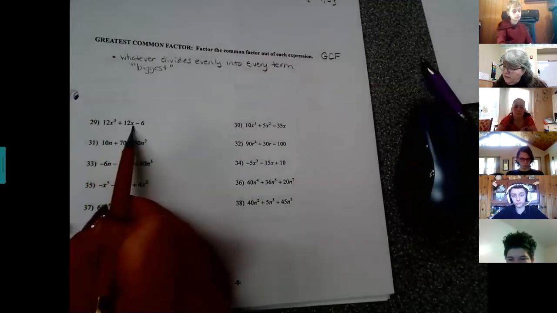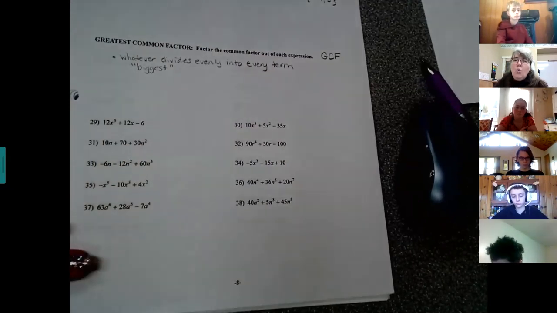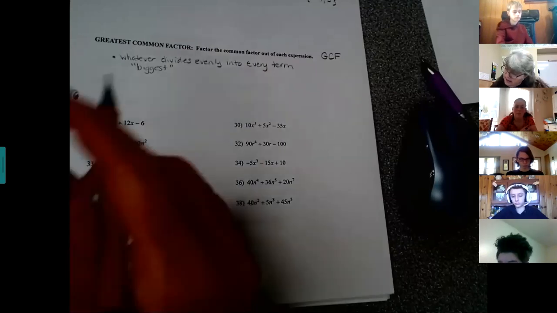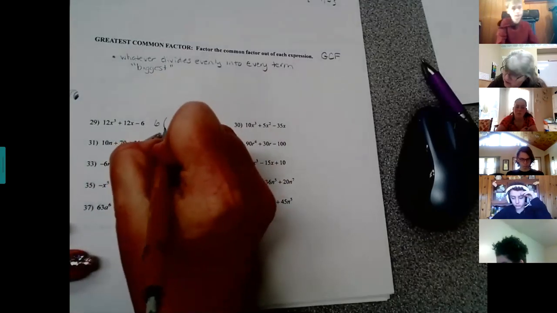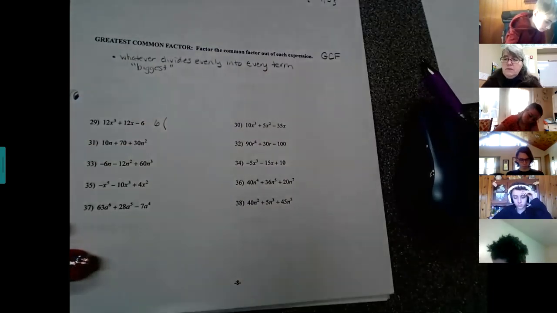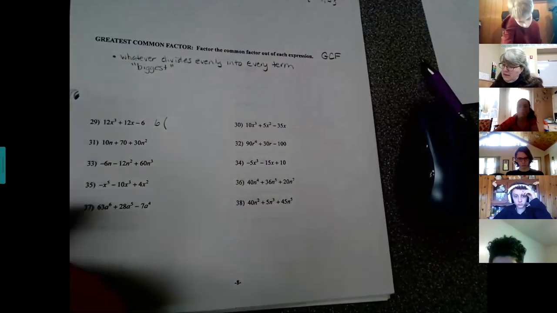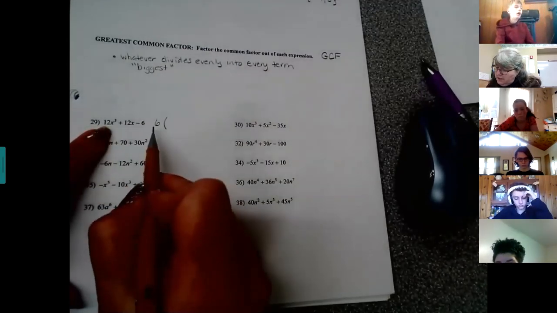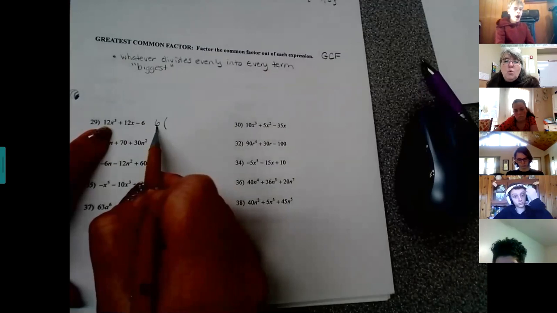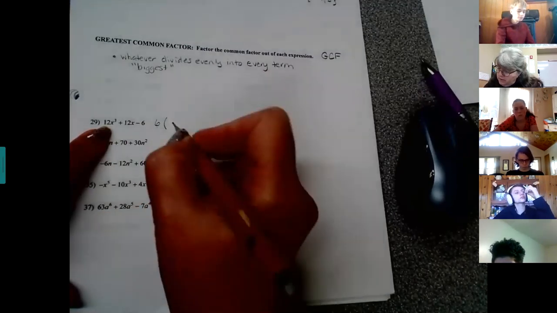12x cubed, 12x, negative 6. What is the biggest thing that divides evenly into all of those? 6. So write the 6 down and then do a parenthesis. Now, factoring is like dividing, okay? So if I have 12x cubed and I divide it by 6, what will be left? 2x cubed.